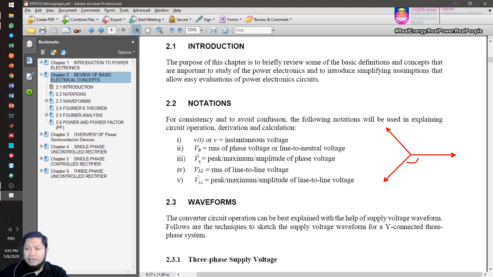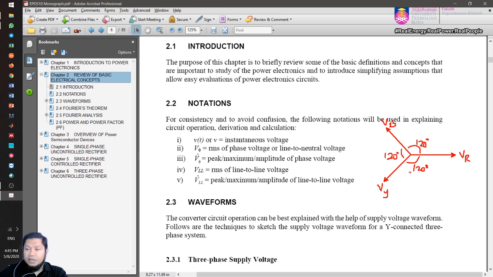There is a 120 degree phase shift, a 120 degree spacing between them. And if we talk about line-to-line, we have V red, V yellow, V blue, so the V line-to-line.